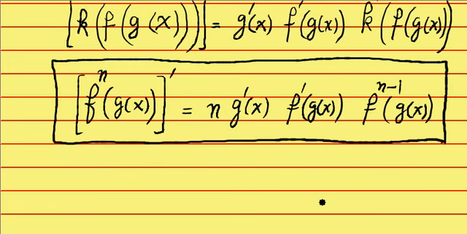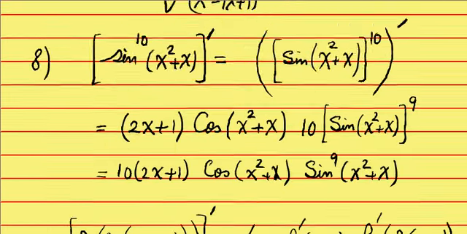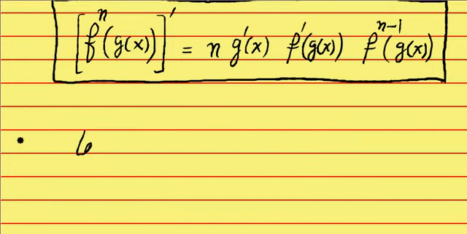Let me take another example here. Suppose I have that was problem number 8. Here's problem number 9. Tangent to say power 5 of say cosine of, let's use the angle here, theta.